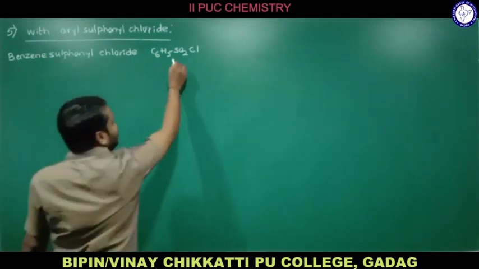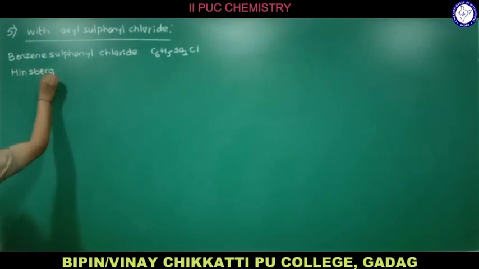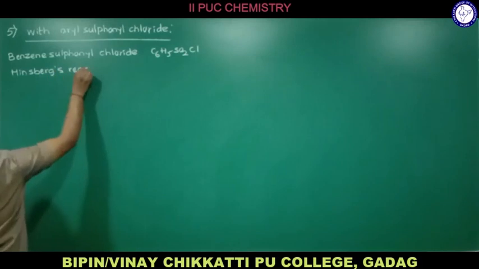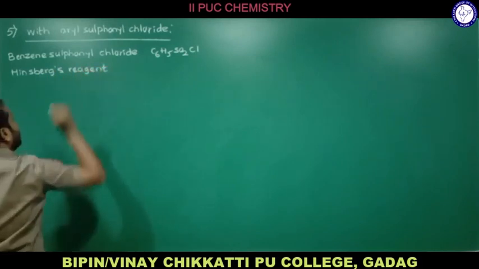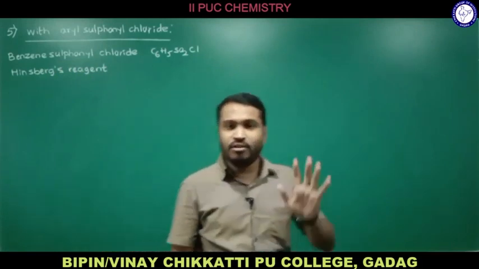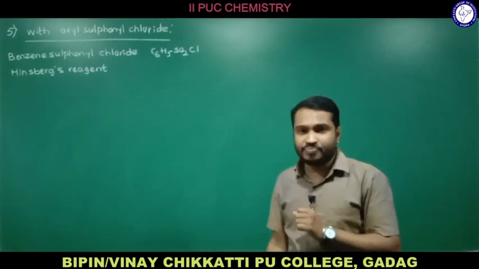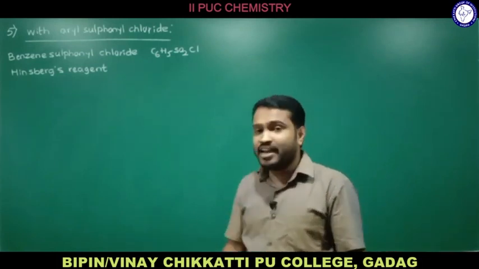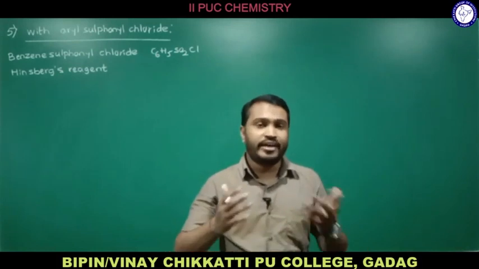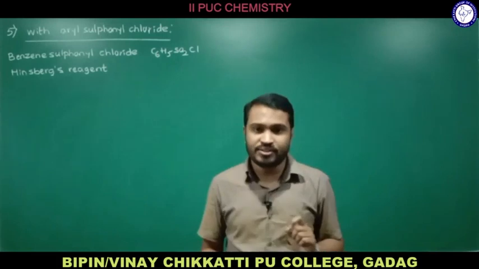As we know, SO2Cl stands for the sulfonyl chloride group. So this compound is called Hinsberg's reagent. Benzene sulfonyl chloride, C6H5SO2Cl, is called Hinsberg reagent. Remember that primary and secondary amines react with Hinsberg reagent and we get the respective sulfonamides.